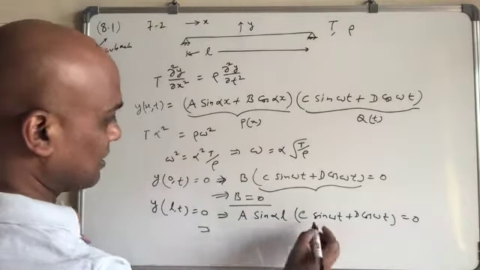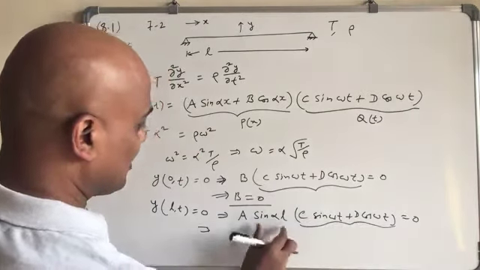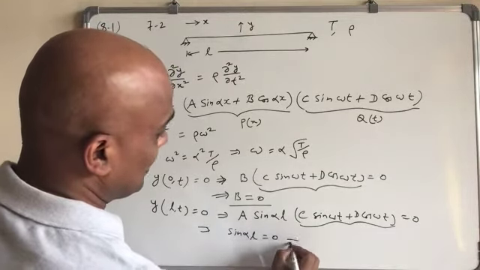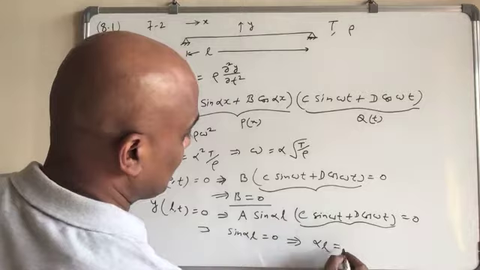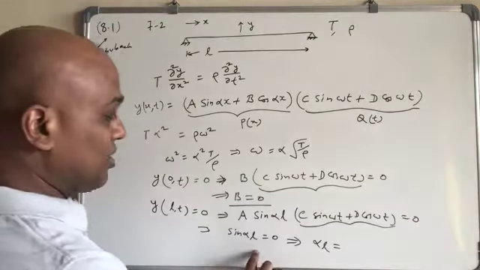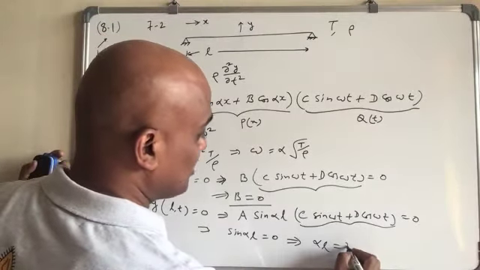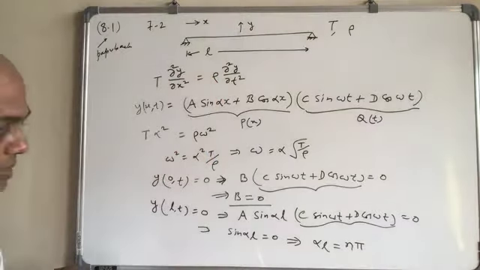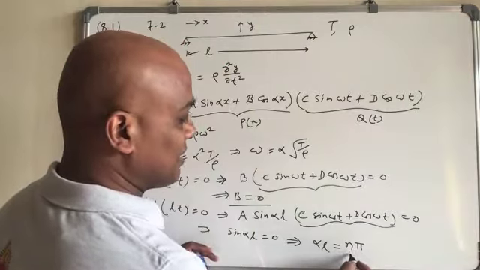Again the time-varying part cannot be 0, so we get sine alpha L equal to 0. That really means alpha L equals n pi, and that's how the natural frequency comes into the picture.